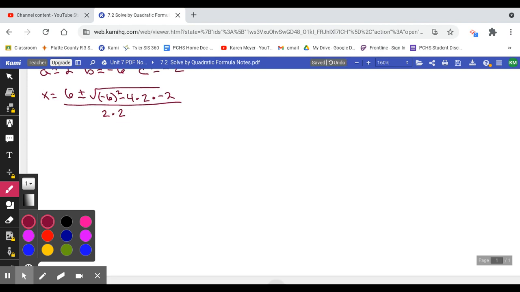Type the part that's underneath the square root into your calculator. So when I typed that in, I got 52. And on the bottom, 2 times 2 is 4. Take the square root of 52 on your calculator, and it's going to give you a decimal. I'm going to round that out 2 places, so 7.21.